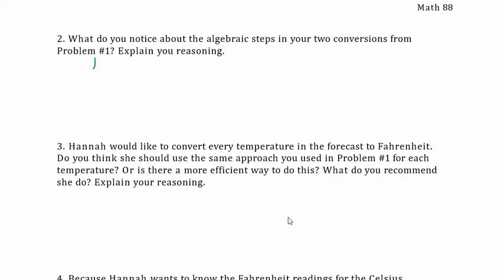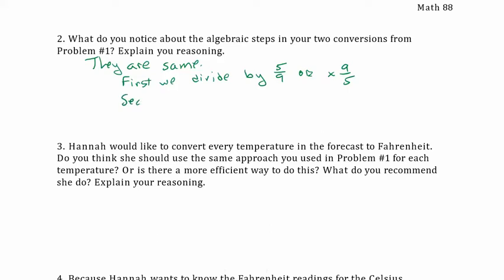So they are the same. The steps are the same. What do you notice about the steps? They are the same. First, we divide by 5/9 or multiply by 9/5. That's the same thing.